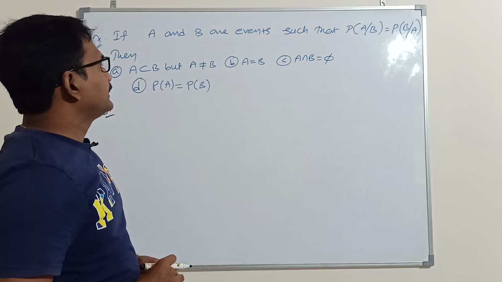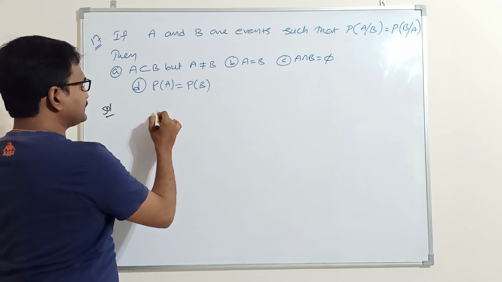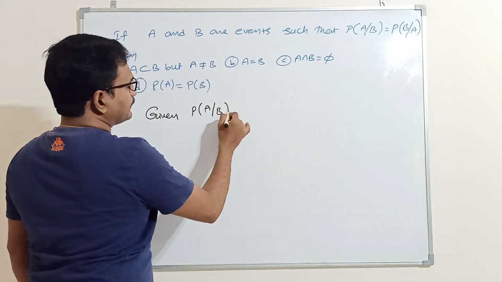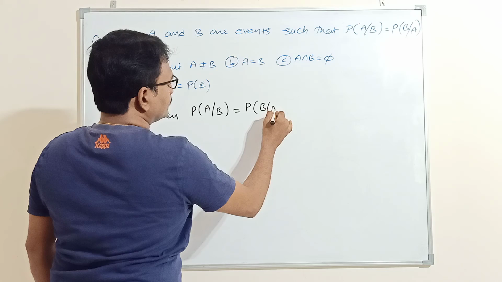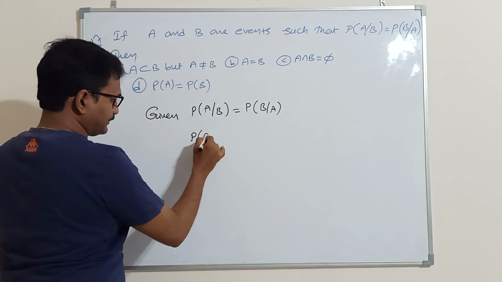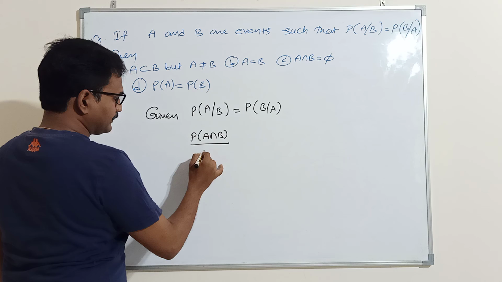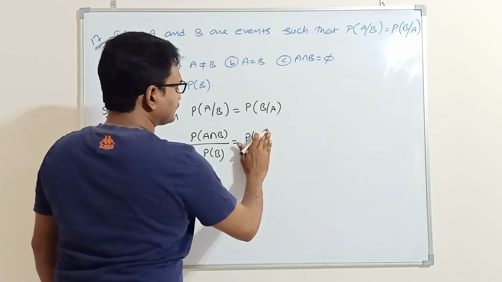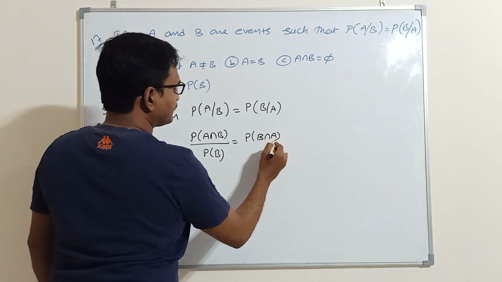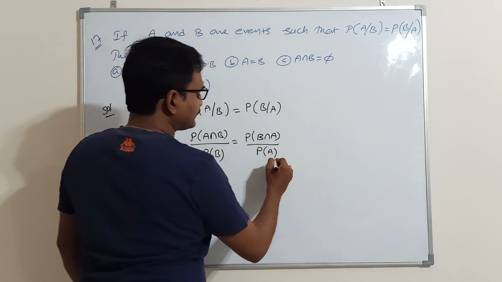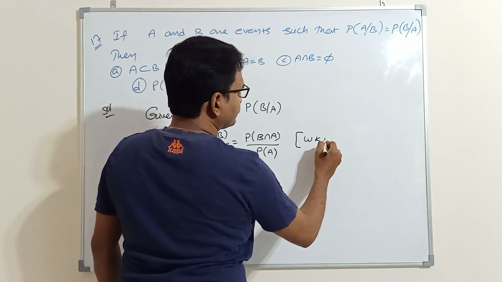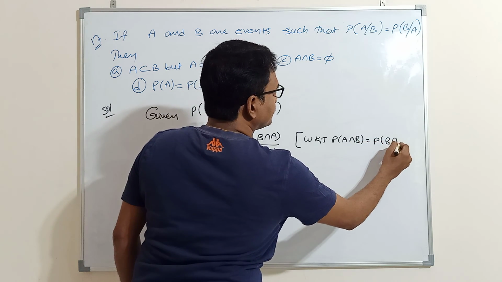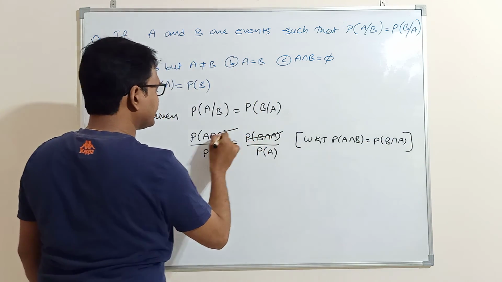Next problem. If A and B are events such that P of A given B is equal to P of B given A. P of A given B means P of A intersection B by P of B, which is equal to P of B intersection A by P of A. We know that P of A intersection B is also equal to P of B intersection A. Both are equal, so we can cancel them.